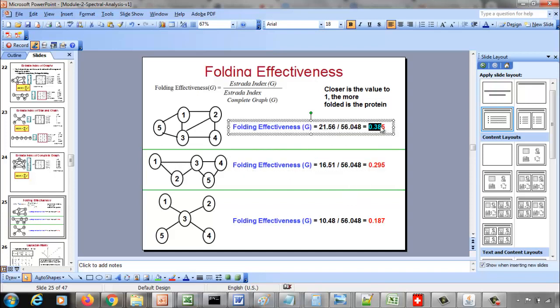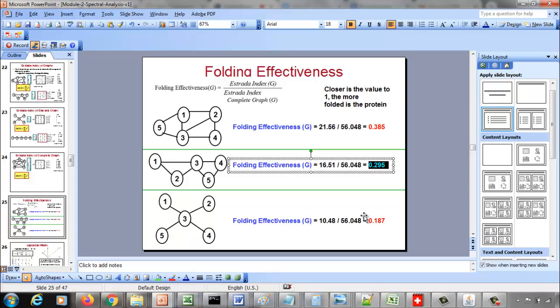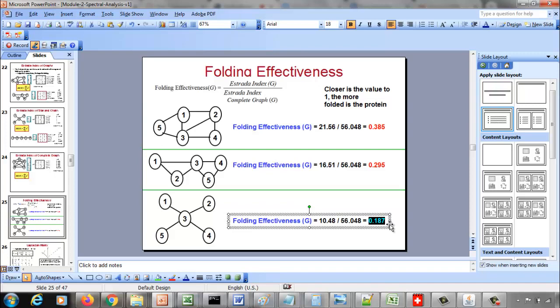So this one is 0.385 and this one is 0.295. On the other hand, if someone has given you this graph and you do this analysis and come out with 0.187, now given these three graphs with these numbers, you have a sense of how folded the graph is. You see what I mean? Is that clear? Okay. Yeah, it's clear.